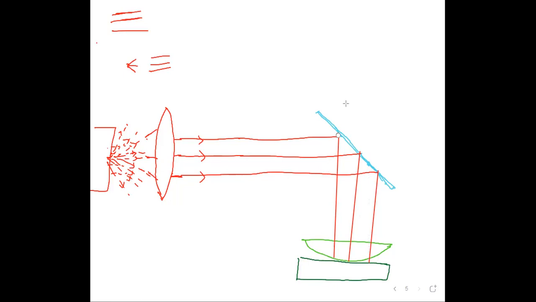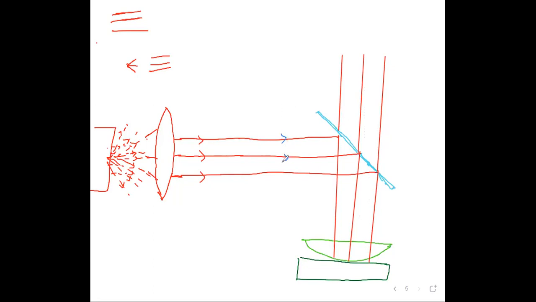Some part will be reflected back also. Let me put an arrow mark to show you clearly.